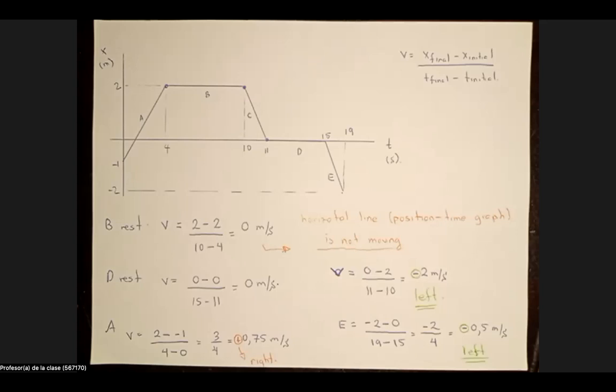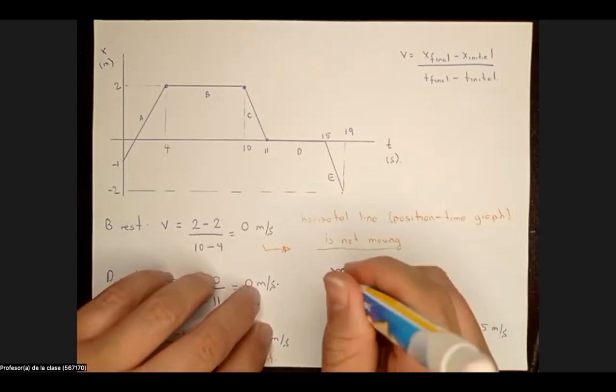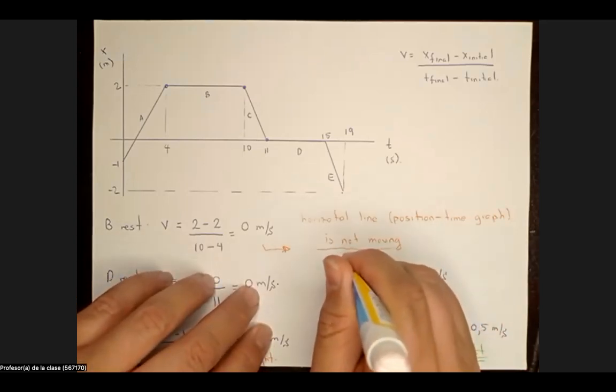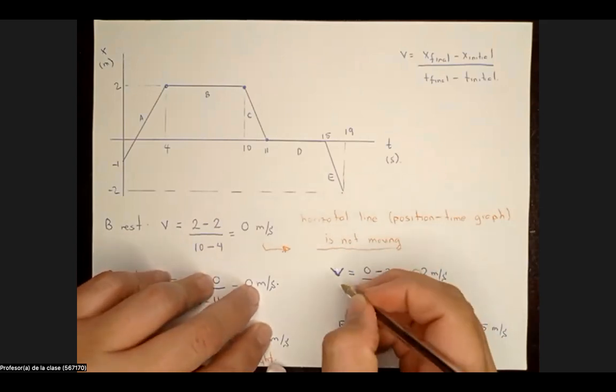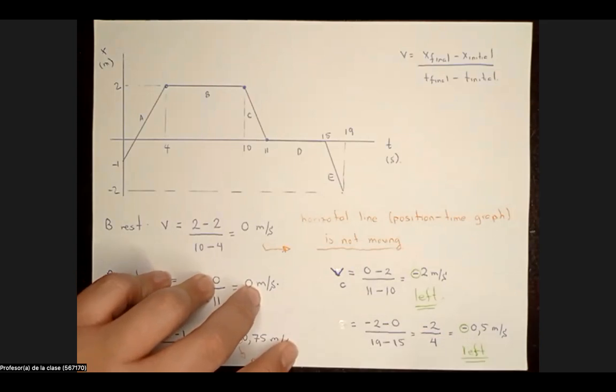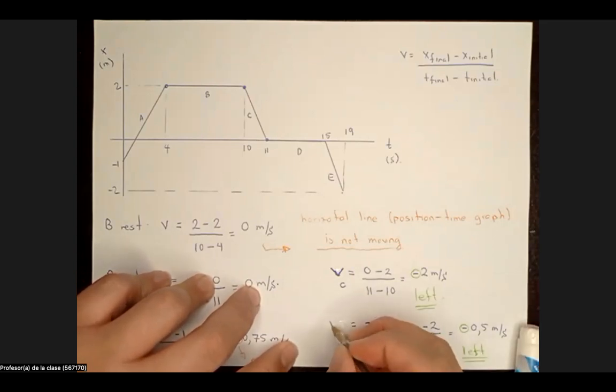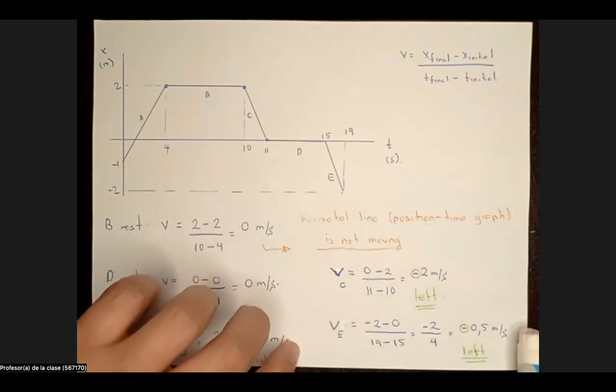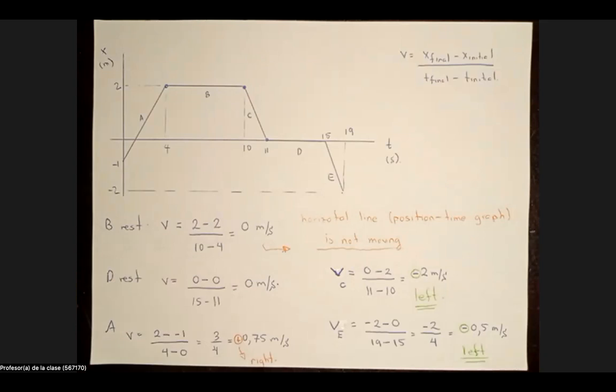So the velocity on the C segment is -2, and the velocity on the E segment will be minus 0.5.